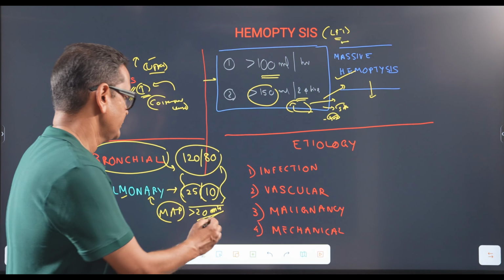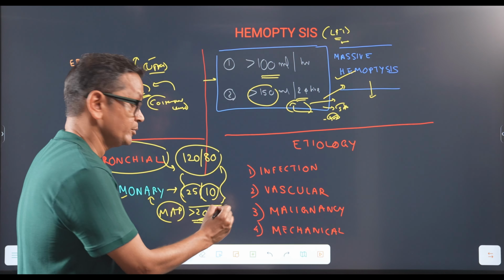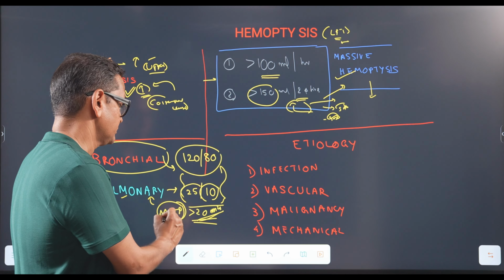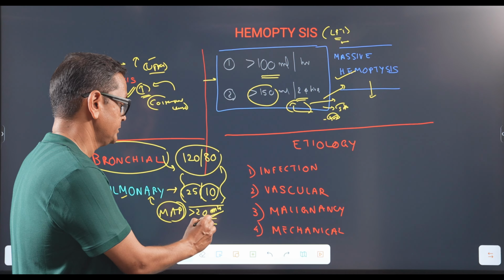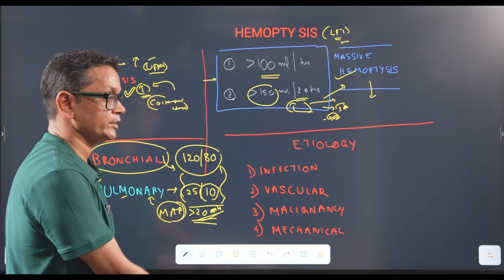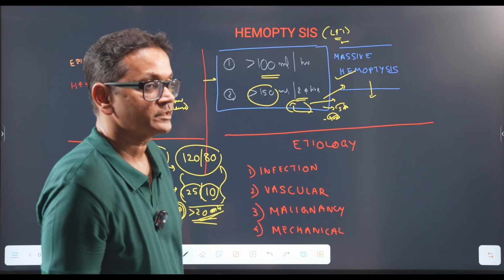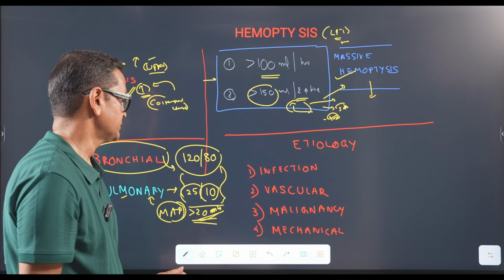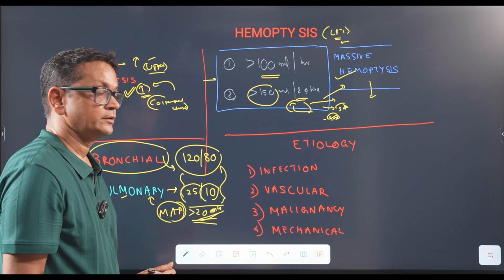Okay, remember this point. This will impress your professor. A mean arterial pressure of 20 or more is diagnostic of pulmonary arterial hypertension. If at all there is shunt reversal from right to left, that is a different thing. We will discuss that in cardiology in future.